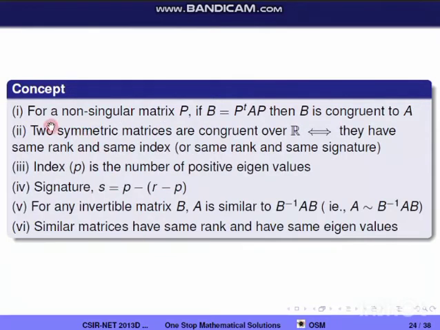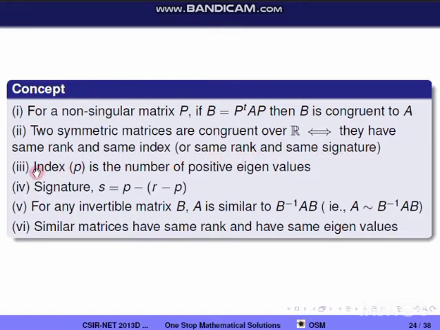For a non-singular matrix P, if B is equal to P transpose AP, then B is congruent to A. Two symmetric matrices are congruent over R if and only if they have same rank and same index, or same rank and same signature.